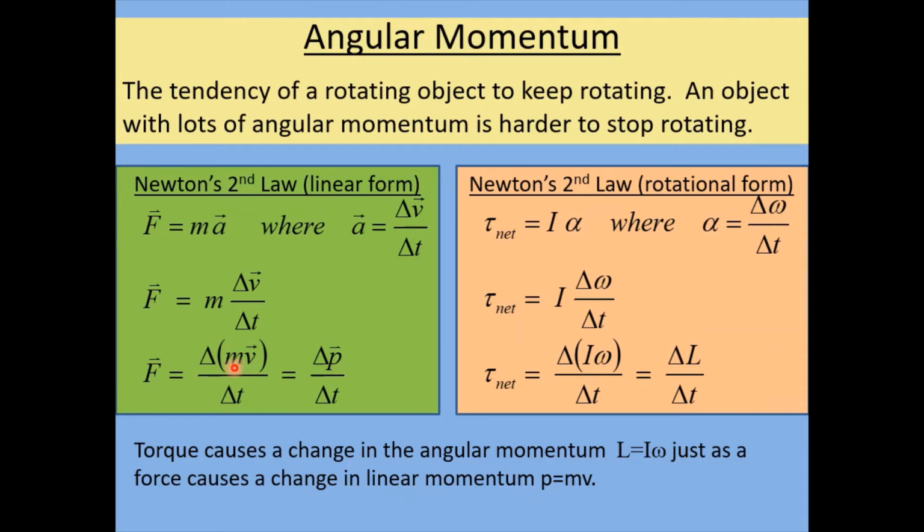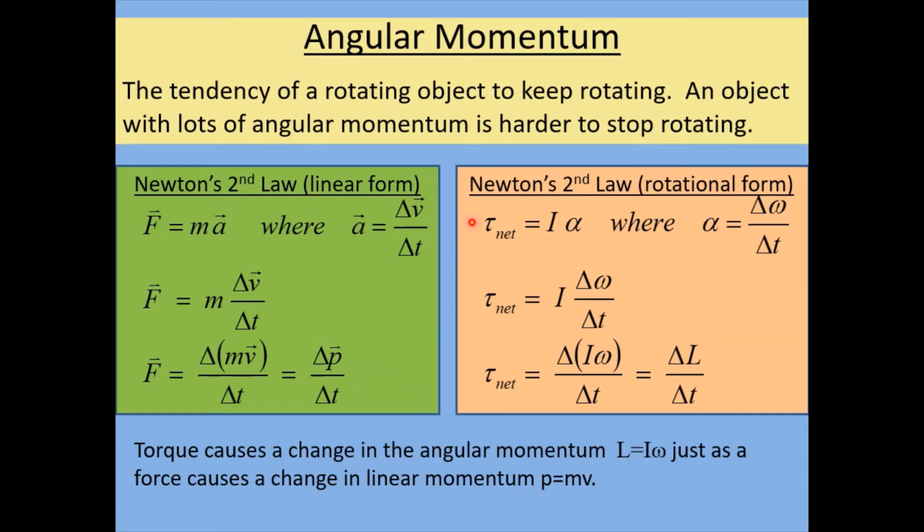And we called this product, mass times velocity, momentum. And so we use the letter P for momentum. So Newton's second law in linear form, meaning for objects that travel in a straight line, looks like force is equal to the change in momentum divided by time.